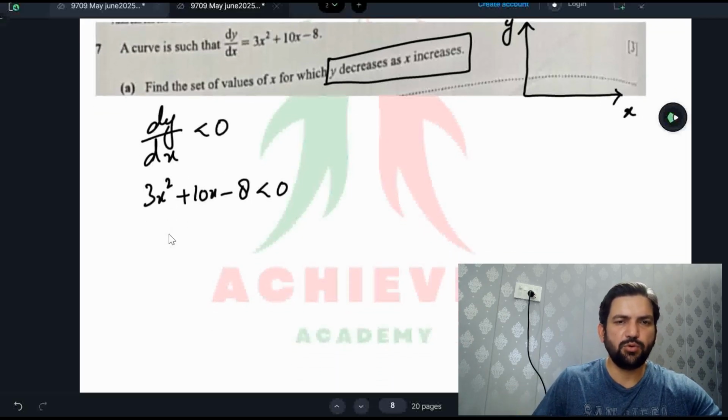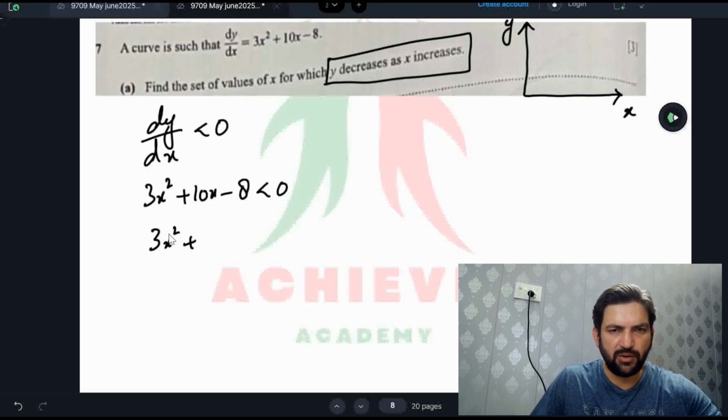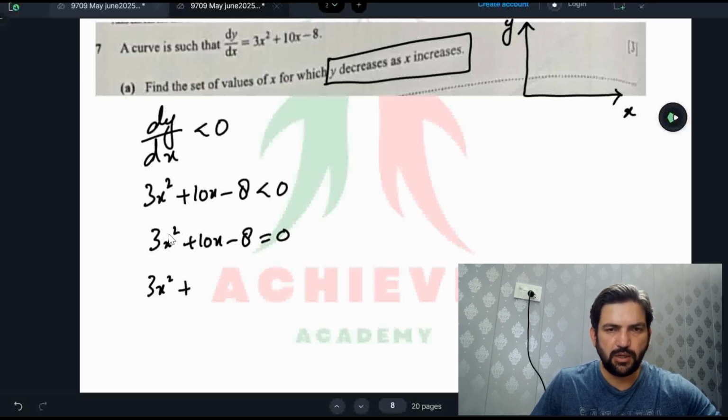Now what we have to do, forget about the inequality sign. First of all, try to find out the critical values. So how can we find out the critical values? We can write 3x square plus 10x minus 8, and we can use the midterm breaking. So for midterm breaking, 12 into 2 is 24.